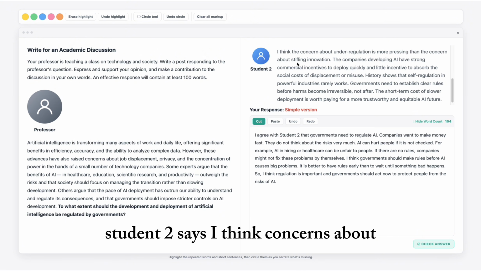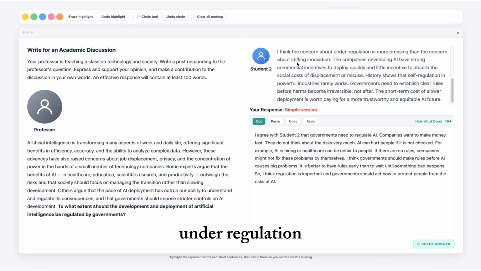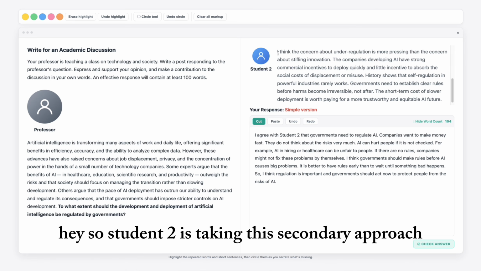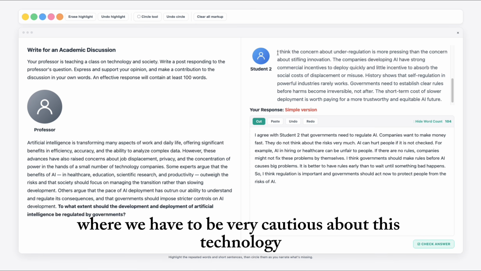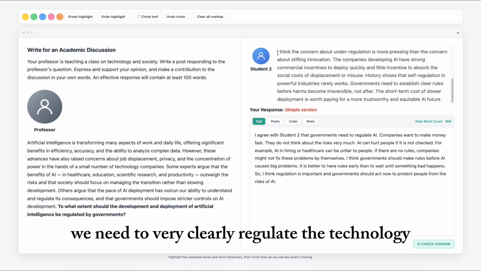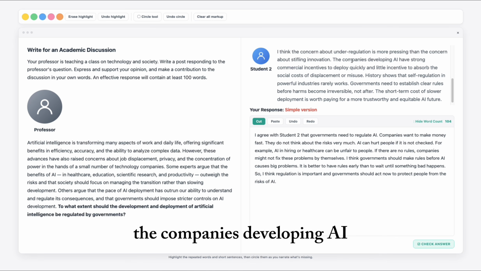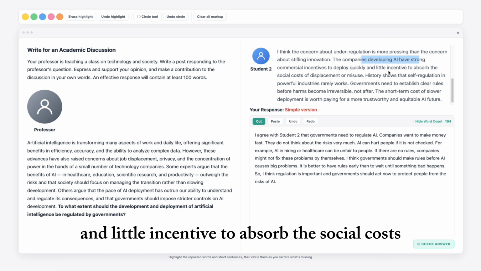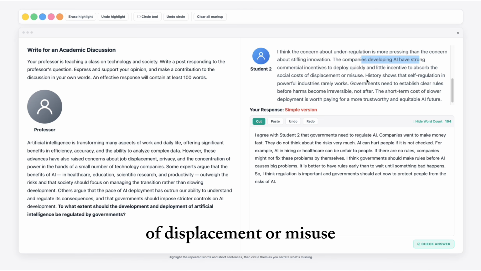Student two says, I think concerns about under-regulation is more pressing than the concern about stifling innovation. Okay, so student two is taking this secondary approach where we have to be very cautious about this technology. We need to very clearly regulate the technology. The companies developing AI have strong commercial incentives to deploy quickly and little incentive to absorb the social costs of displacement or misuse.